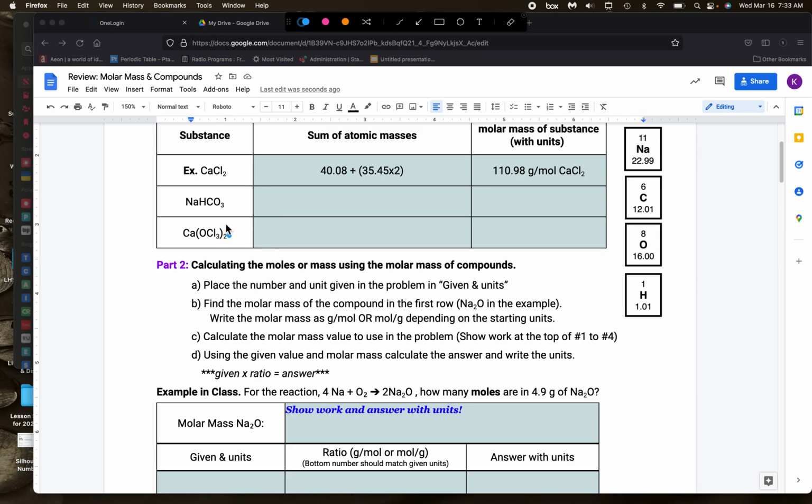So for this compound, we have a Ca, we have an O, and we have a Cl. And all those are over here on the side. And there are 3 Cls, and then there's parentheses, and there's a 2.